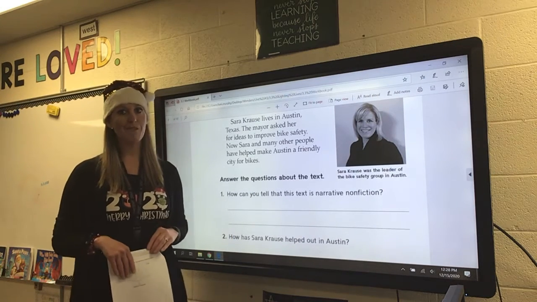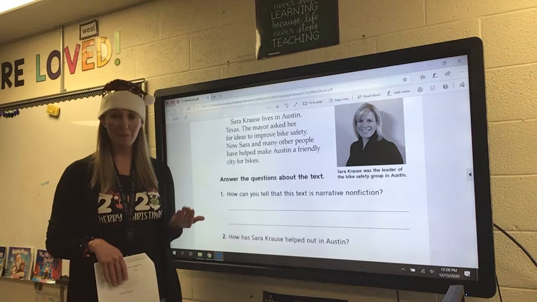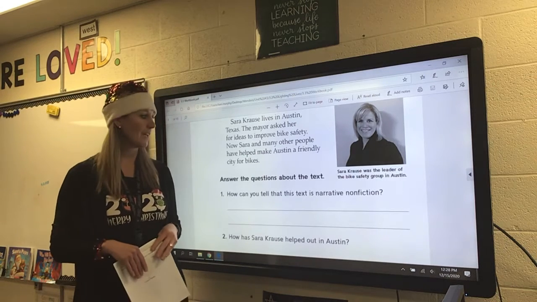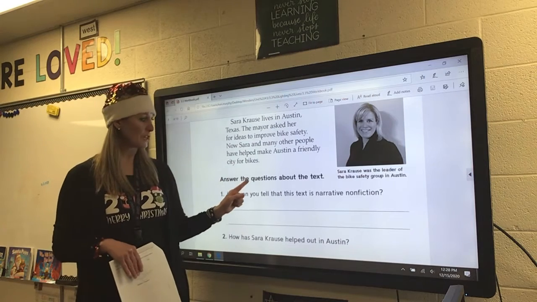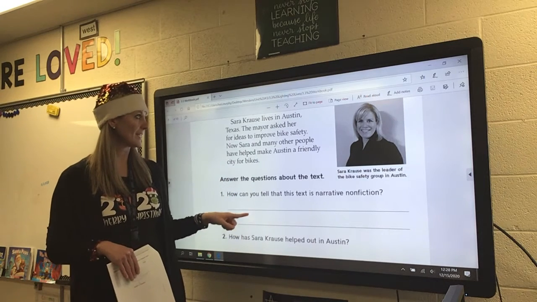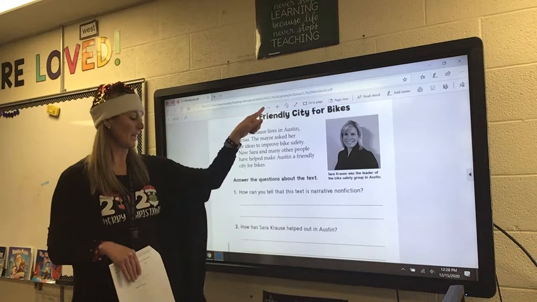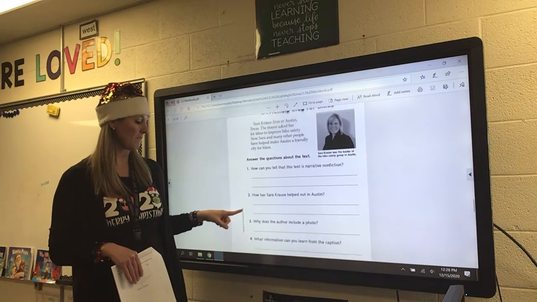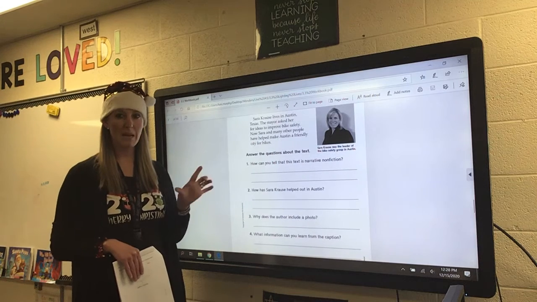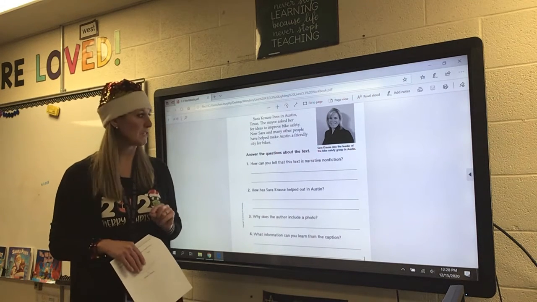Now we're going to go down below and we're going to practice looking at this narrative nonfiction and looking for the elements of a narrative nonfiction and the features. So we are going to answer the questions about the text. And I'm going to see if I can fit it. Yep, I can fit it all like this. It might be kind of small. You might have to zoom in with your iPad, but you can certainly do that.